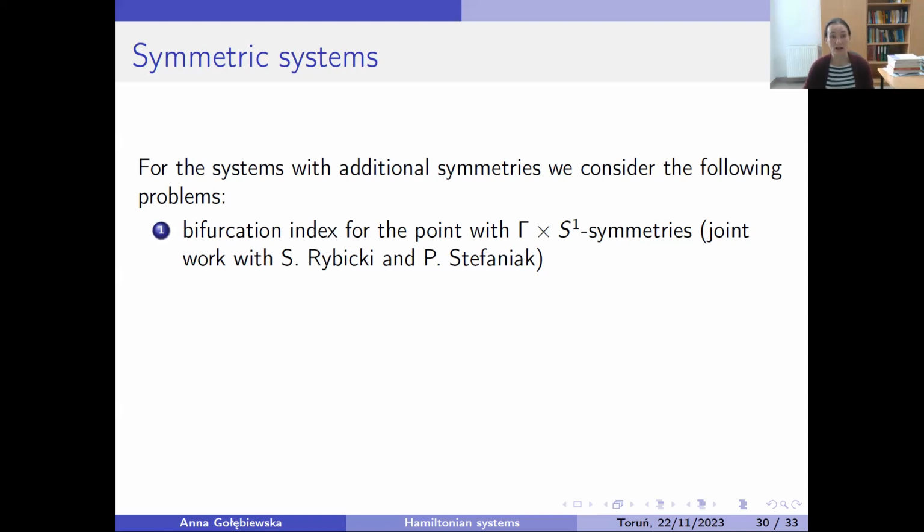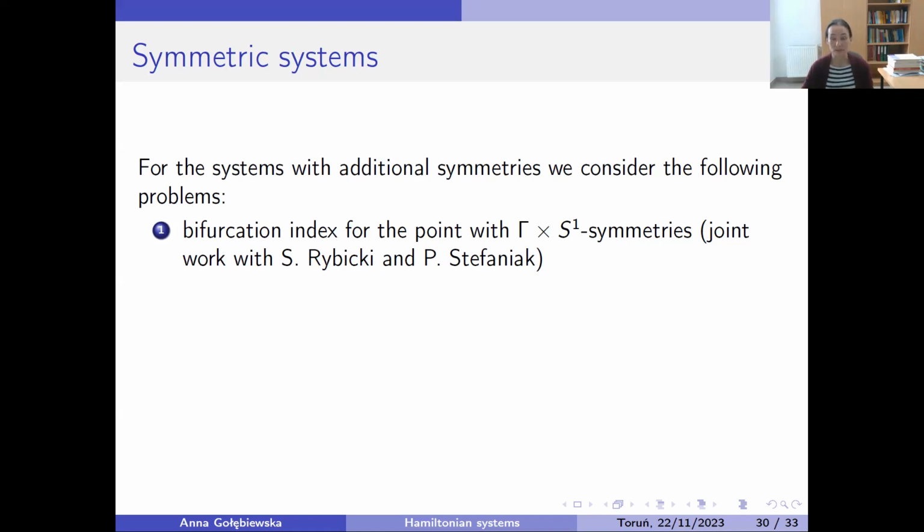So in the last part of my talk, I would like to say some words about what we can obtain if we take more symmetries into consideration. As I said, instead of only S1, we can consider the symmetry of gamma times S1. This is the problem we are currently studying with Rybicki and Stepaniak.